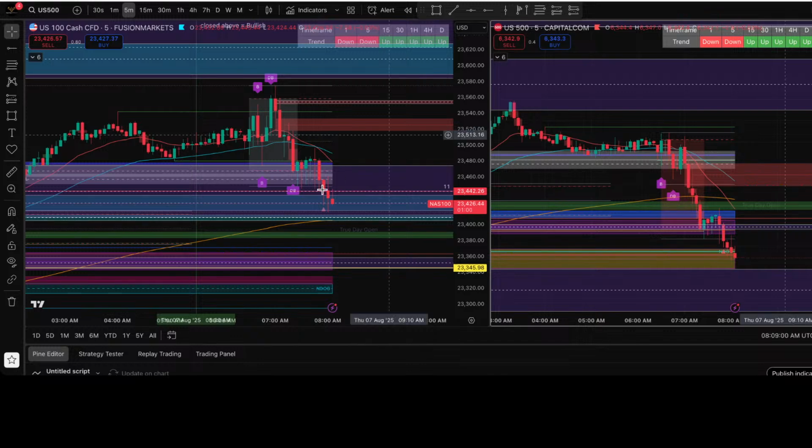Continuing to still drop. This 15M fair value gap right here.